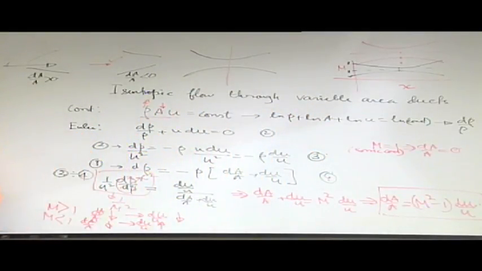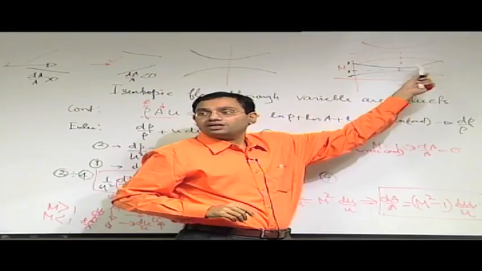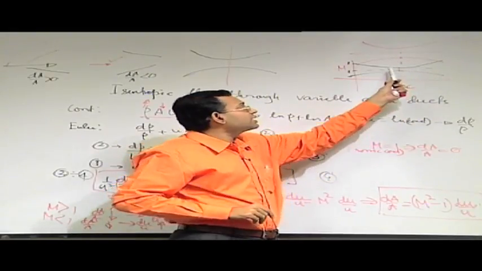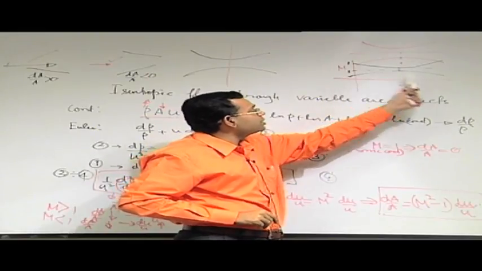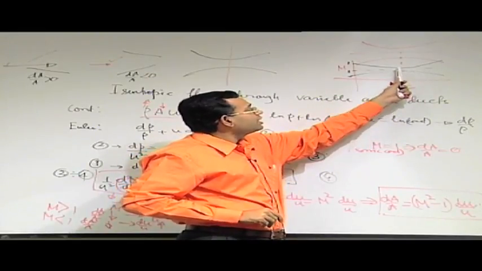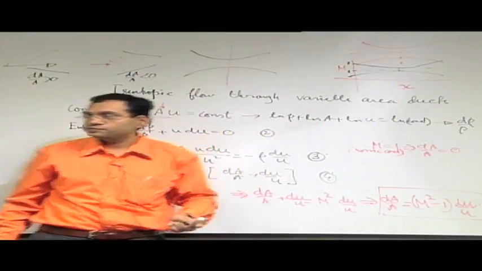So if the entry is supersonic, the throat may have a minimum Mach number. If the entry is subsonic, the throat may have a maximum Mach number, but these are limited by Mach number equal to 1. So if it is supersonic, it remains supersonic for all the locations. It is coming only to a minimum here, but that is still greater than 1. On the other hand, if it is subsonic, it remains subsonic everywhere. At the throat it is coming to a maximum, but still less than Mach number 1.